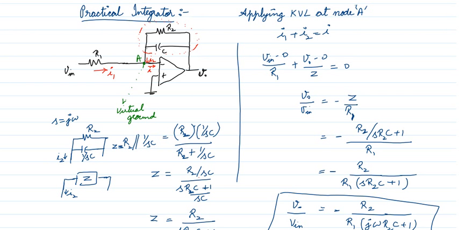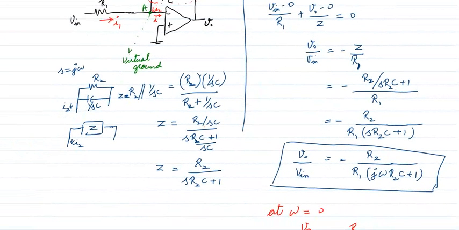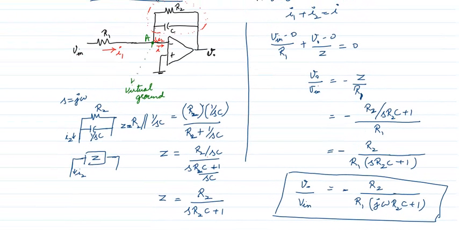Finally, this R2 parallel with 1 by SC I represent by Z. So Z is equal to R2 by SR2C plus 1. The current flowing through this entire thing, the dotted part, is I2.